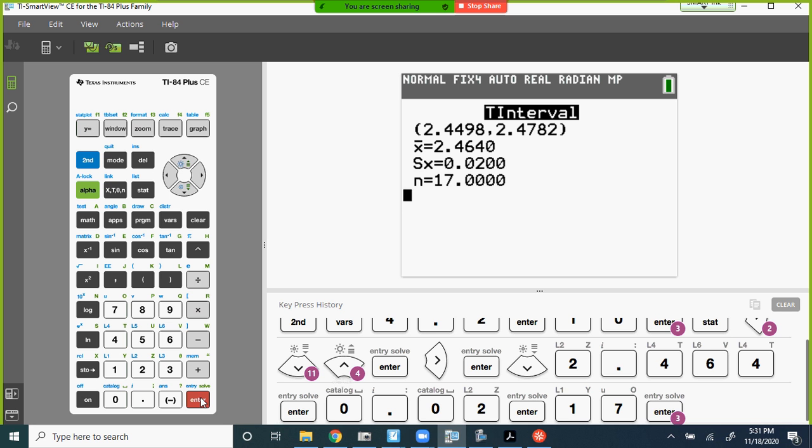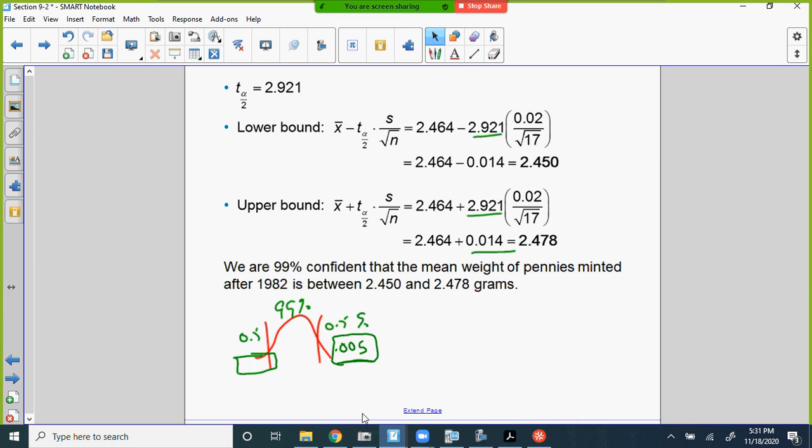And how did these compare? If you were to round to two decimal places, this would become 2.45 and this would become 2.48. Or if we went to 3, things would round correctly and we would be back looking at the same things. So we can say that we're 99% confident that the mean of the population will fall between these two weights.